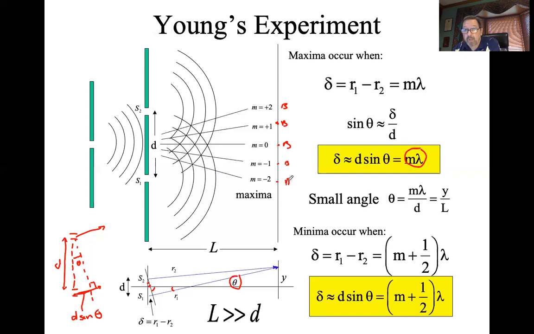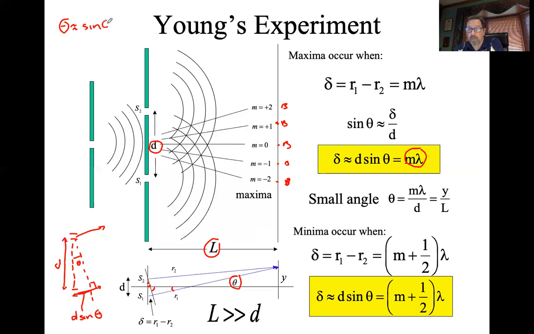Now, if this distance L here is significantly bigger than this distance d right here, we say we're in the far field. And in the far field, very often that angle theta is small. If the angle is small, then theta is approximately equal to sine of theta.